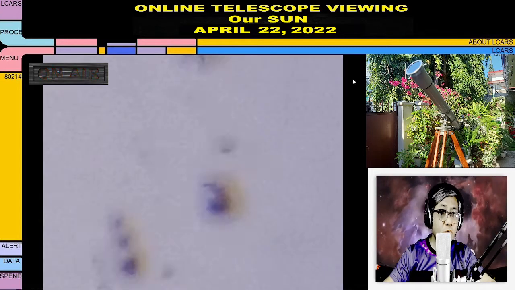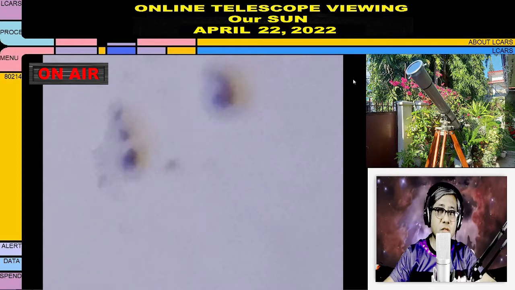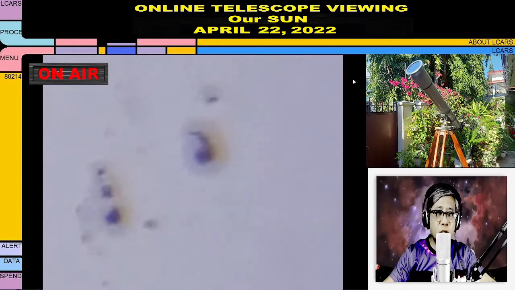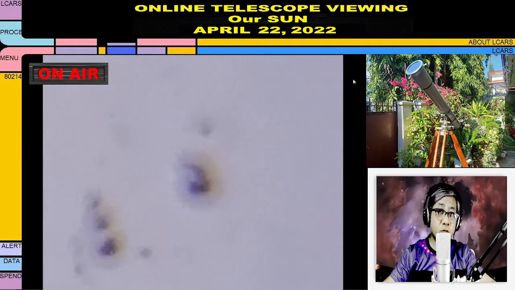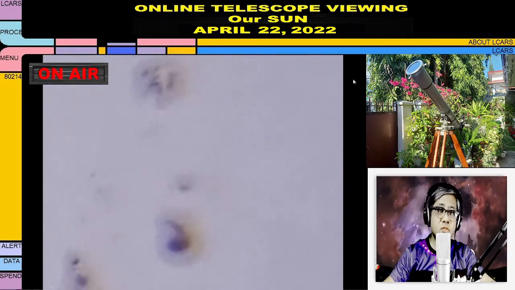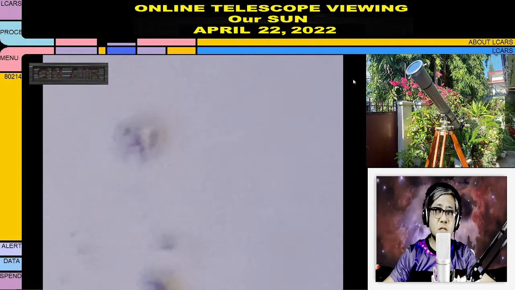Alright, they are cooler, they have a lower temperature as compared to the photosphere. It is because they form at areas where the magnetic fields are particularly strong.